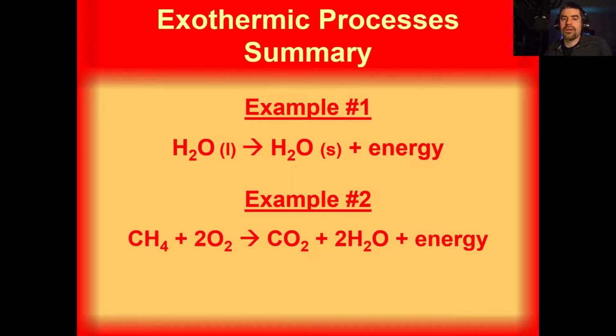So in summary, here's our two examples: our physical change, where we have liquid water turning into solid water and releasing energy in the process, and our example 2, where we have the hydrocarbon and oxygen combusting to make carbon dioxide and water and energy. And it's heat energy that's given off because, when a Bunsen burner is burning, it is very hot.